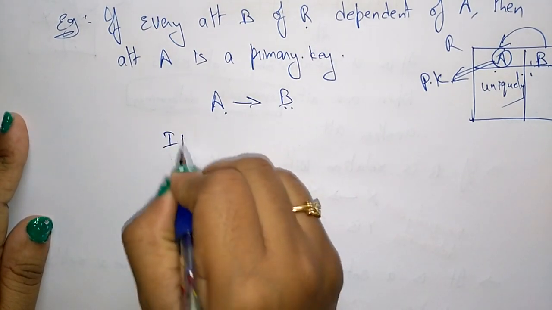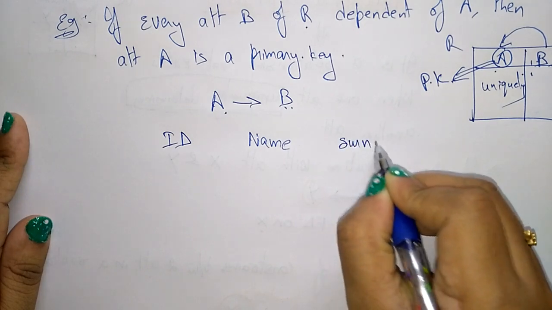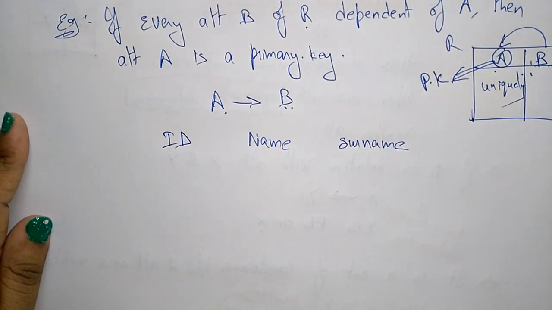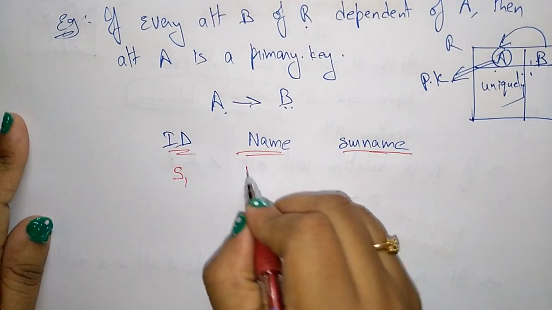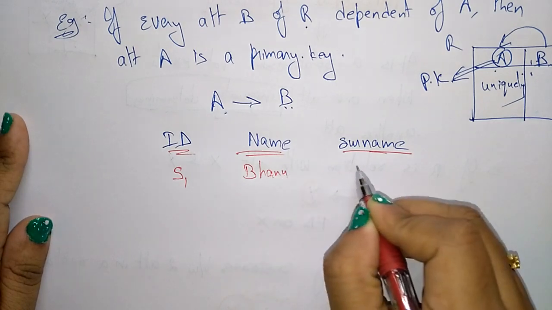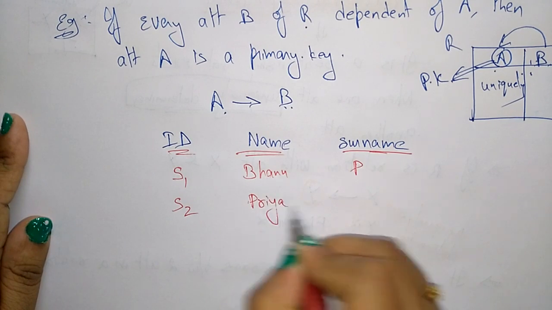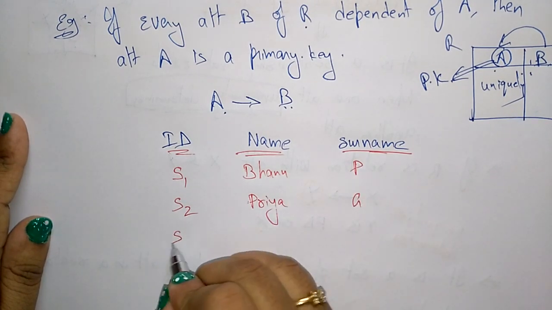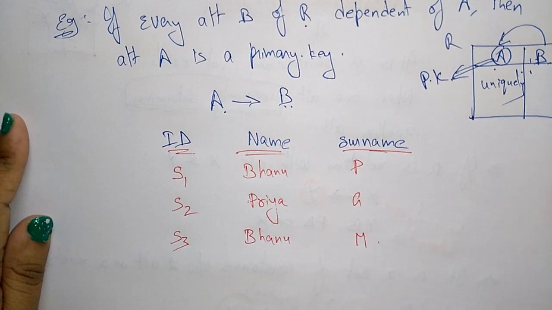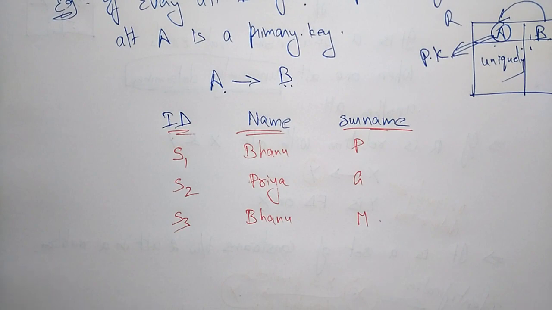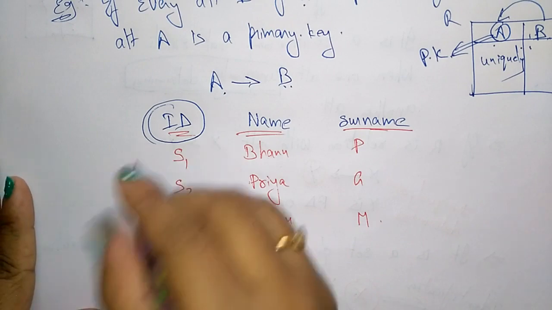Suppose let us take an example with ID, name and surname. Here the ID we have taken as S1, name Bhanu and initial P. S2, Priya, G. S3, and again the name is Bhanu, M. Here this ID is a primary key, an identification key.